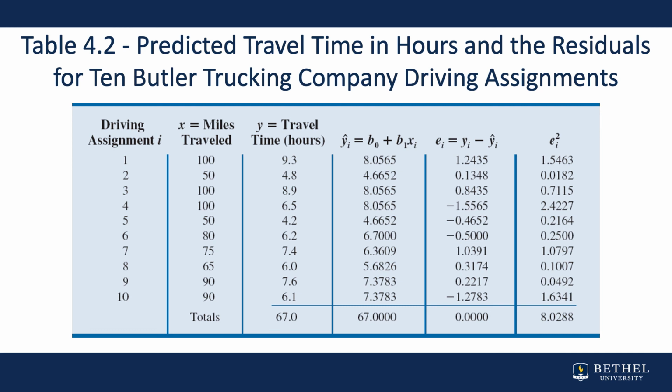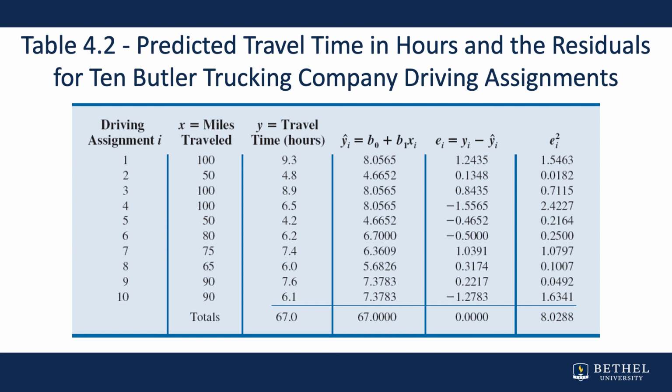When we do that, we end up with a number, and we can now figure out how close that number is to the actual data we have. That is represented by e sub i. As you look at this chart, you see all of the values of e sub i, which is equal to the observed value minus the predicted value using our model. e squared sub i is the least squares method. So as you look through the data, you'll see, for example, for the first driving assignment, 1.5.